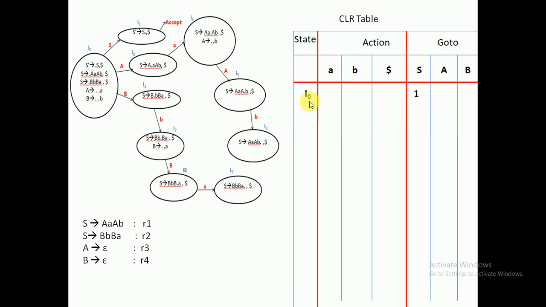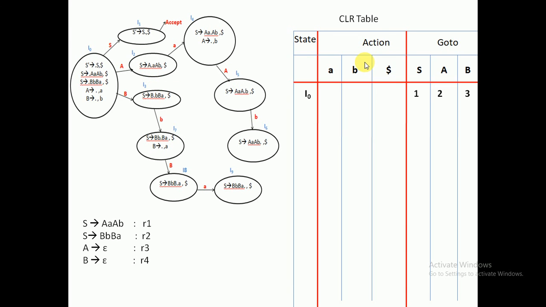Moving over capital A from I0, you reach state 2, and over capital B, you reach the 3rd state. This is the way of filling the CLR table. Now the gotos from I0 to all other states are completed.